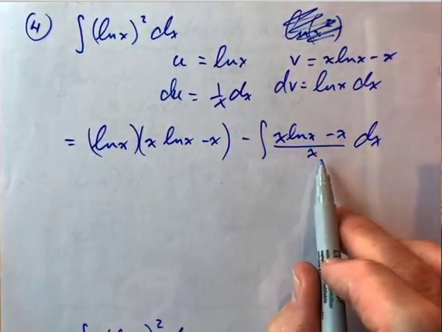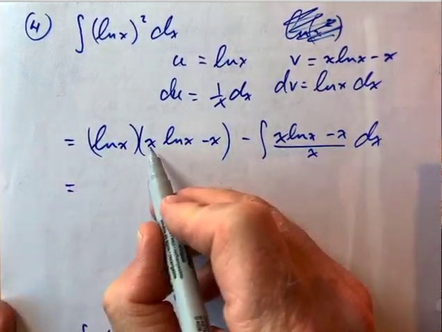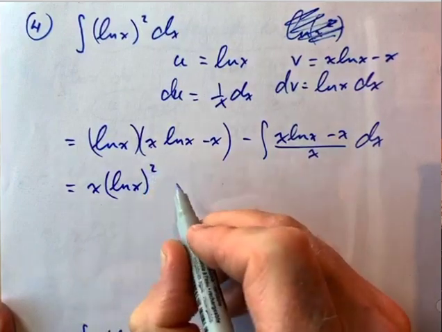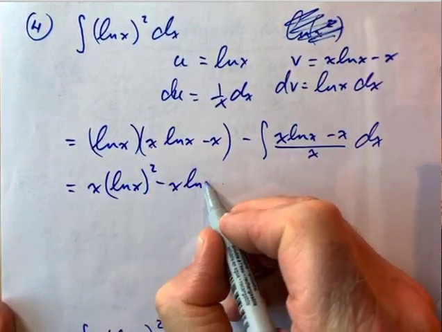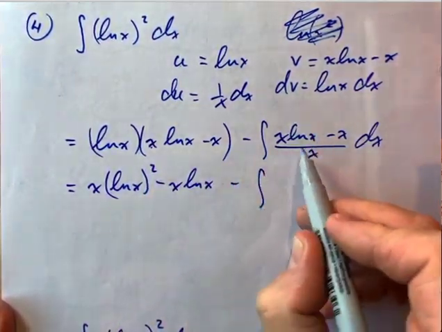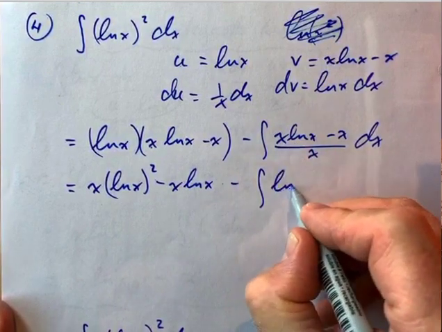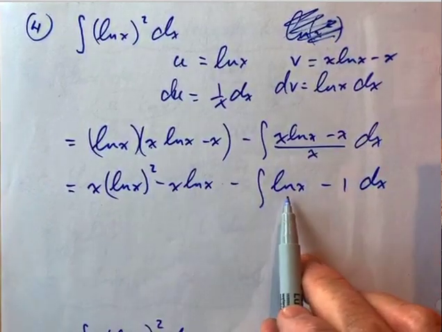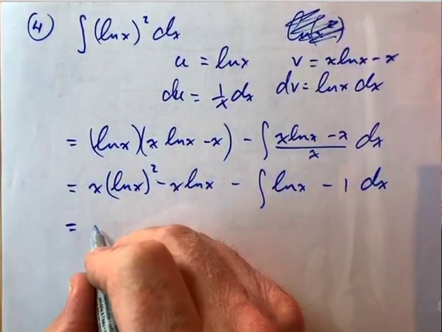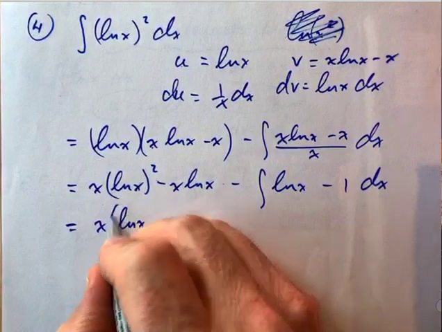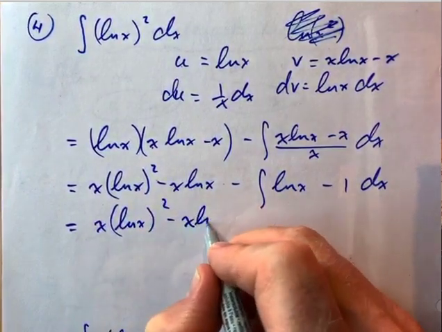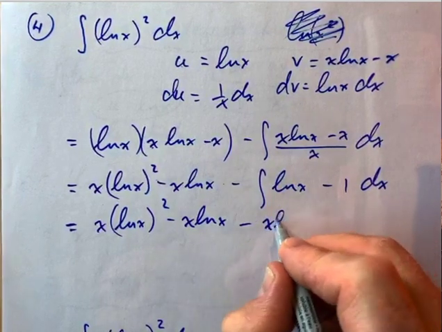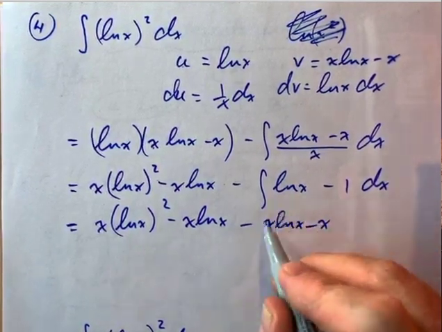So x ln x minus x times 1 over x dx. Hang on, this is all going to simplify, isn't it? We get x ln of x squared minus x ln x minus the integral of ln x minus 1 dx. We just did this one. So x ln of x squared minus x ln x minus, the integral of ln x is x ln x minus x.